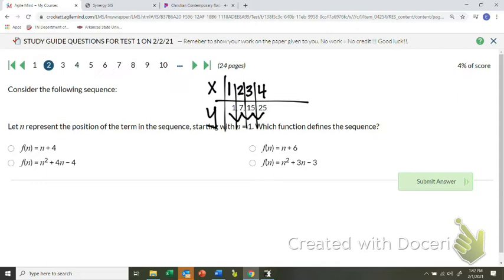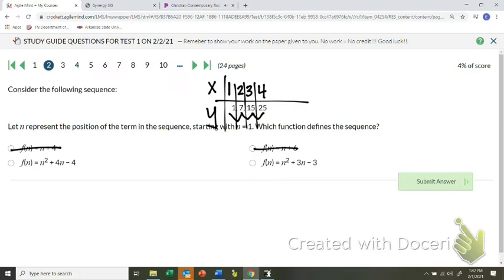My answers are probably in different order than yours. So, what 2 can I get rid of? That's a quadratic, though. This linear, n plus 4, n plus 6.